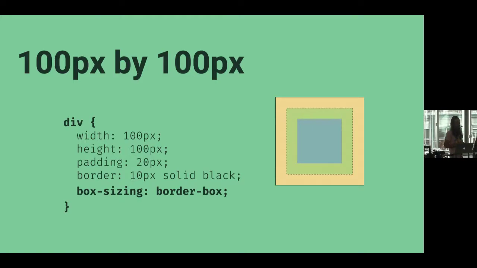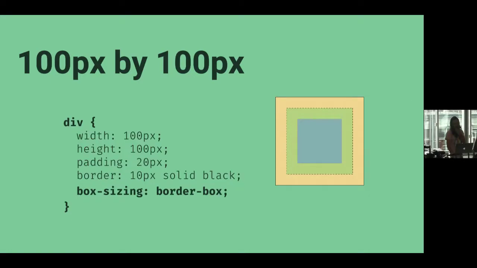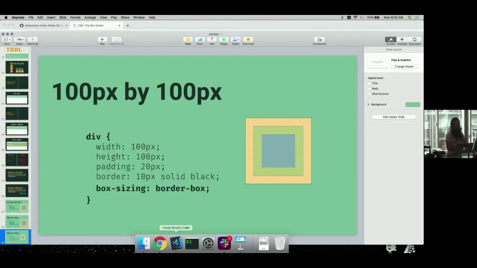By default, your box sizing will be content box, and it will work this way. But when you change the box sizing property to border box, it's going to act a little differently. You're saying, I actually want this thing to be 100 by 100, padding you fit inside, border you fit inside.